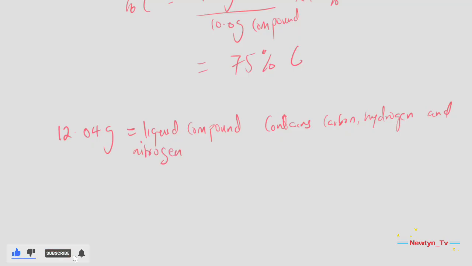Now, in this total mass of this compound, carbon, which is the C, has its mass to be 7.34 grams. The hydrogen has its mass to be 1.85 grams.